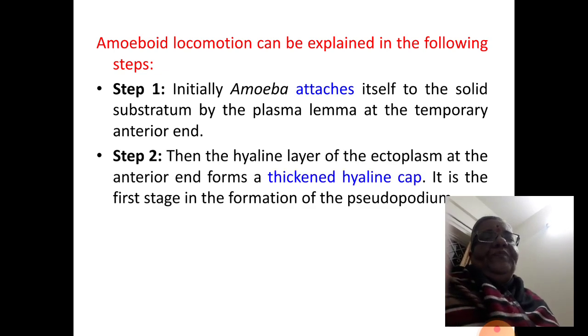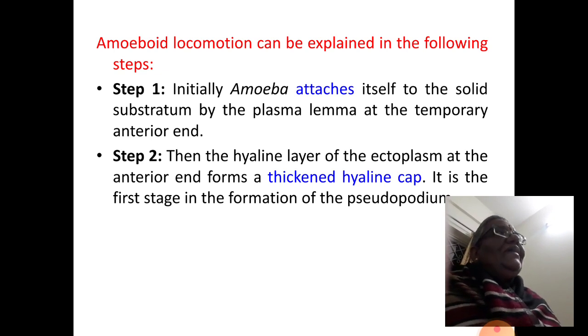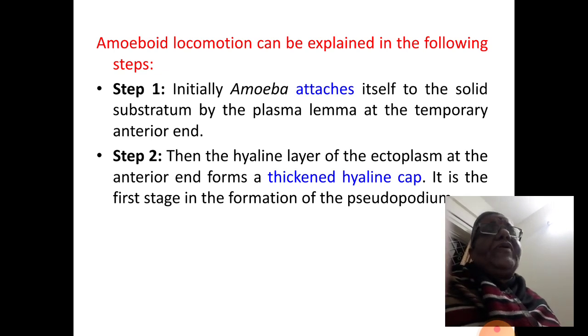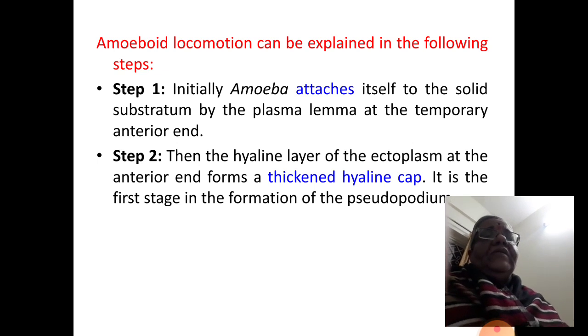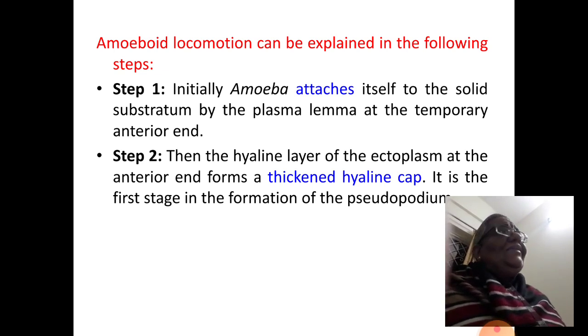Then step 2, the hyaline layer of the ectoplasm. I have told you there is ectoplasm and endoplasm, and in the ectoplasm there is a hyaline layer. What is this hyaline layer? It is a protein-rich component. This hyaline layer of the ectoplasm at the anterior end forms a thickened hyaline cap.